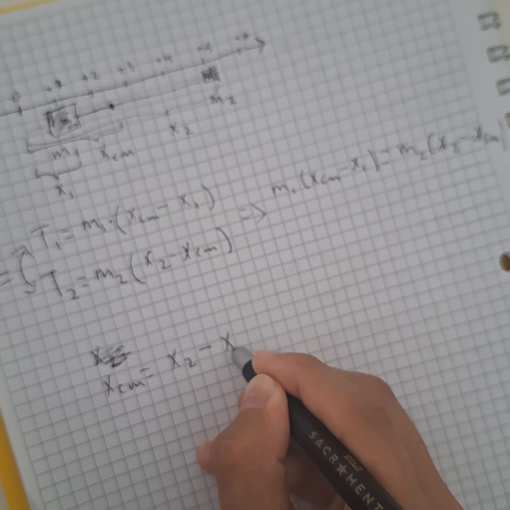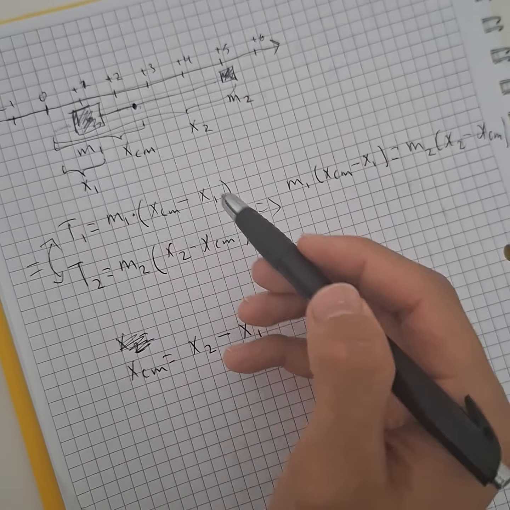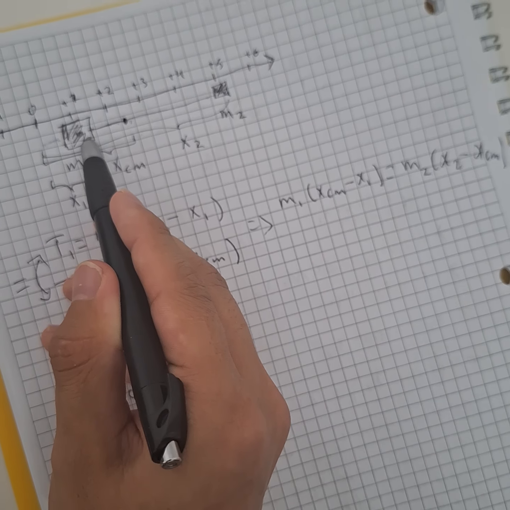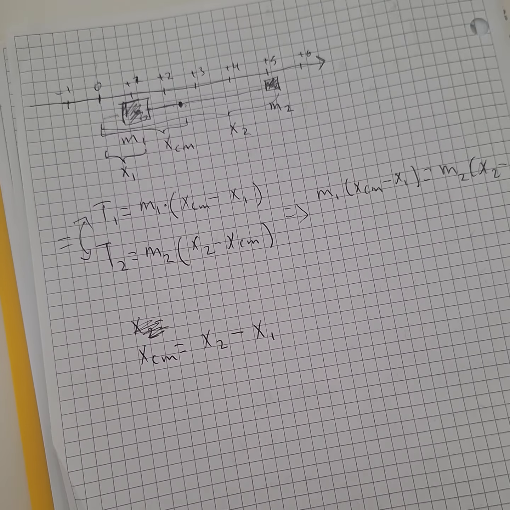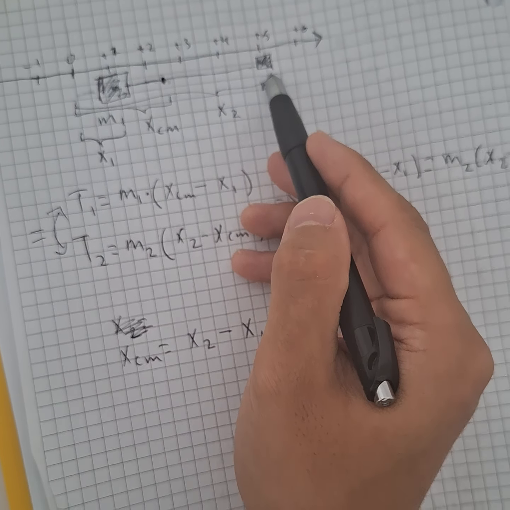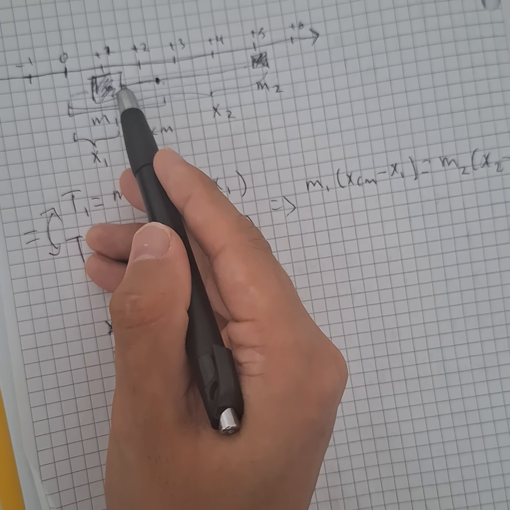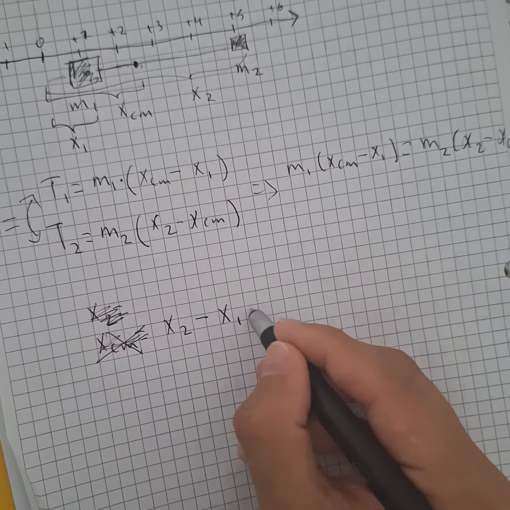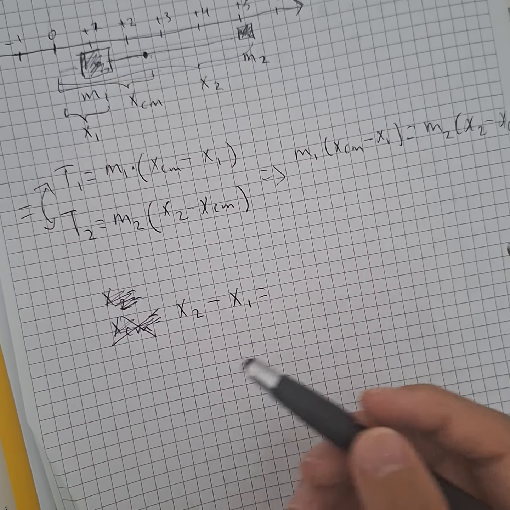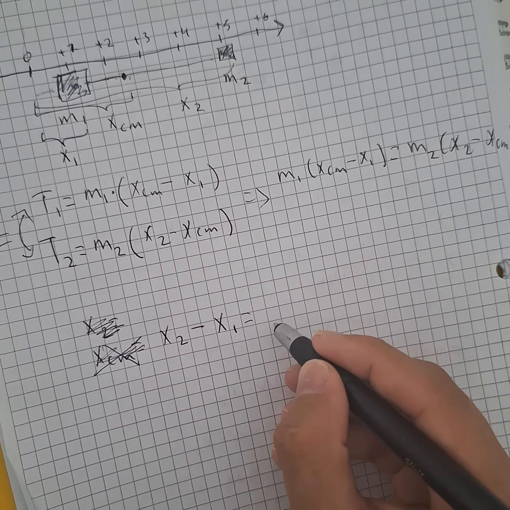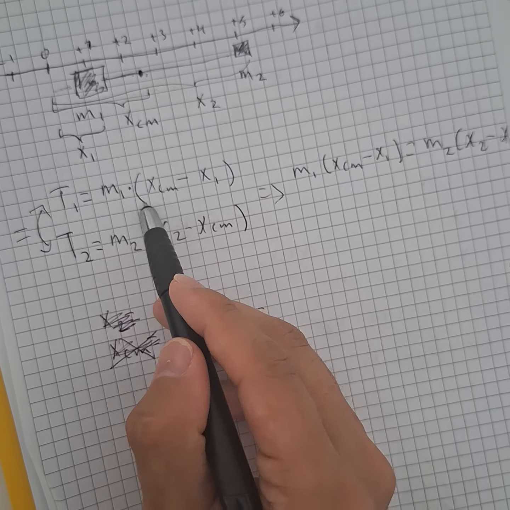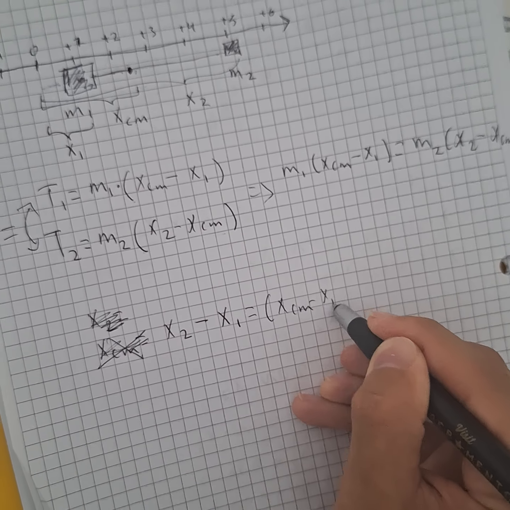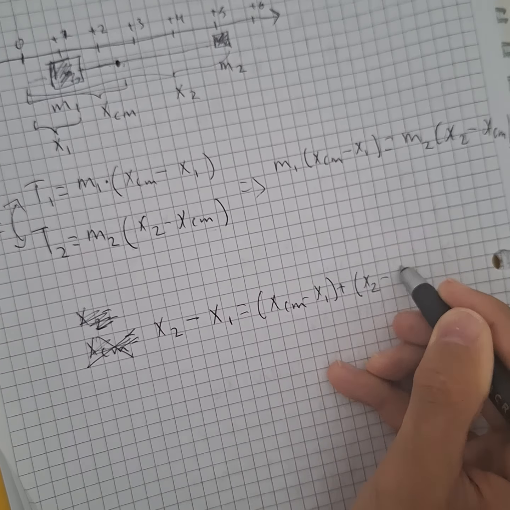If we take this big distance, x2, and subtract this small distance, x1, we will get the distance between these two objects. So this part is actually wrong. And the distance between these two objects can also be written as this distance plus this distance: x of cm minus x1 plus x2 minus x of cm.